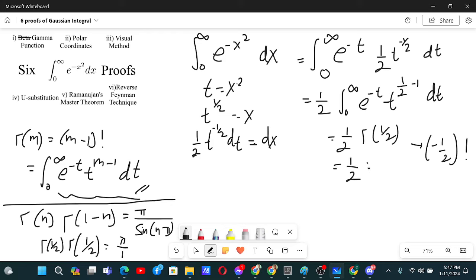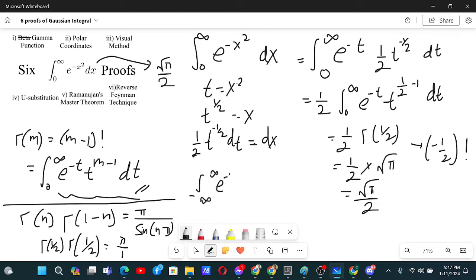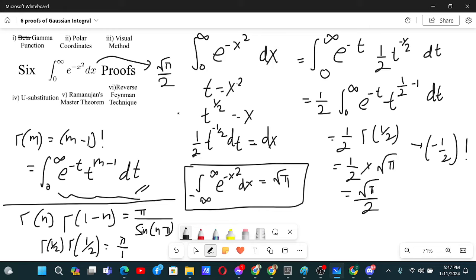So 1 by 2 into root pi, that's root pi by 2, and that's the answer. This integral is equal to root pi by 2. And if this integral goes from minus infinity to infinity, that will be just double of it, since this is an even function. That will be root pi, and it's a well-known result. So this is our first way, using the gamma function.